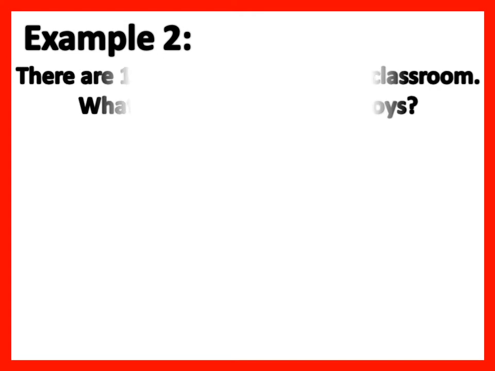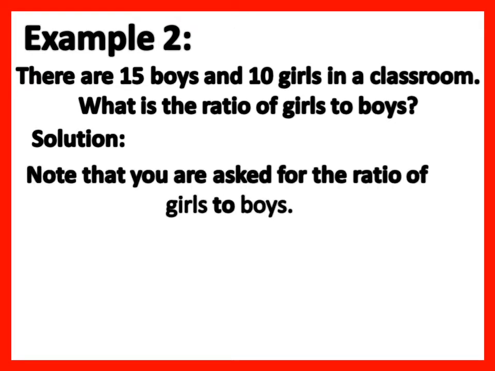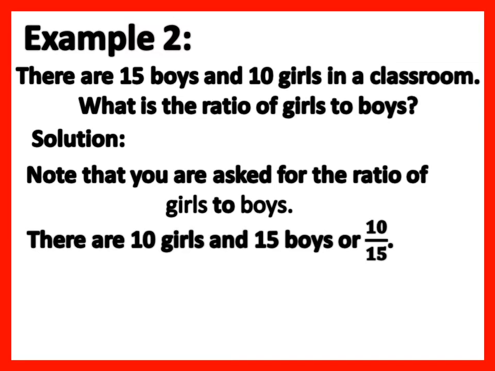Example number 2. There are 15 boys and 10 girls in a classroom. What is the ratio of girls to boys? Solution. Note that you are asked for the ratio of girls to boys, not boys to girls. That's different. So, as you can see in the example, there are 10 girls and 15 boys.